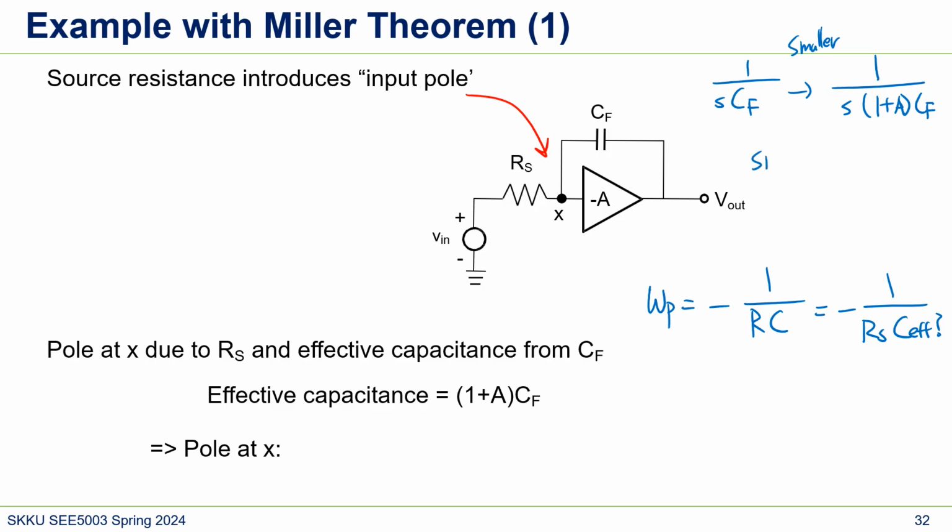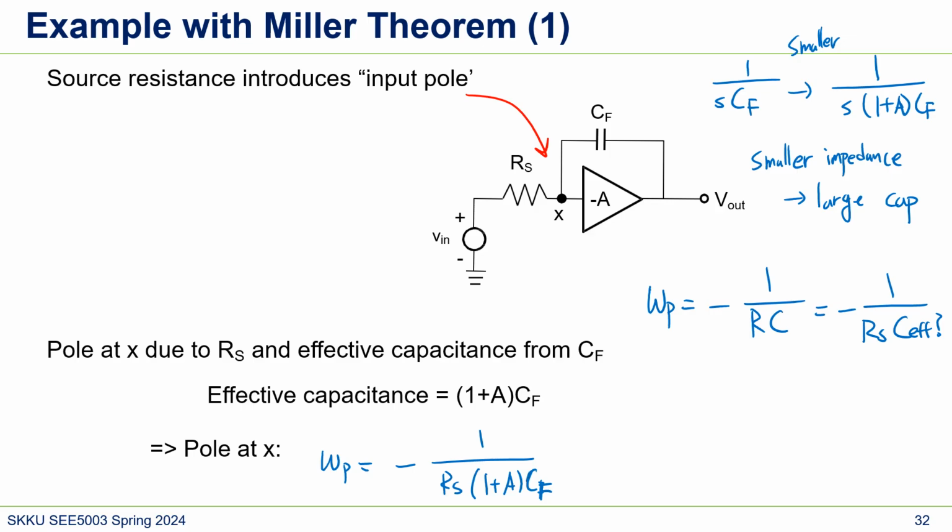So the effective capacitance becomes 1 plus A times CF, and the pole would be minus 1 over RS times 1 plus A times CF. This is our answer.